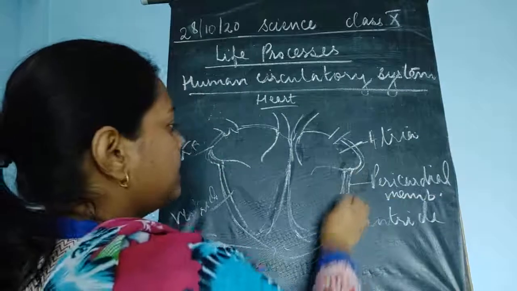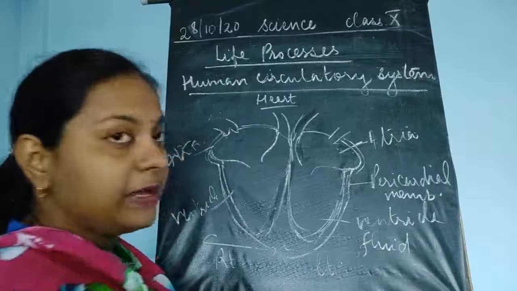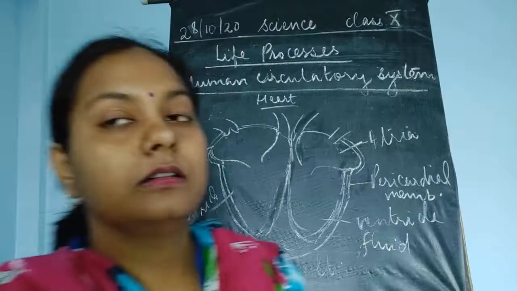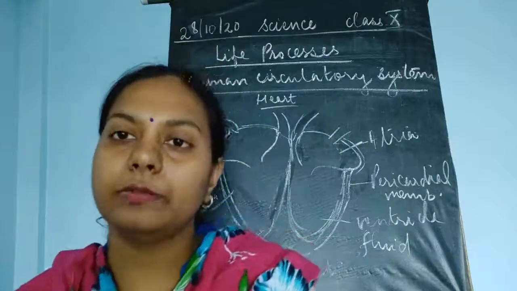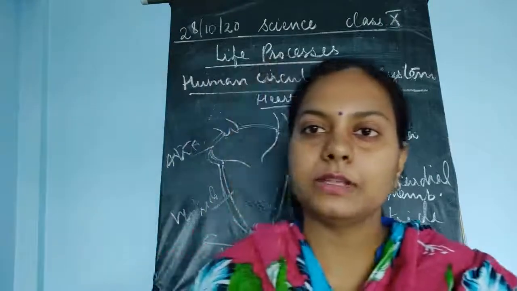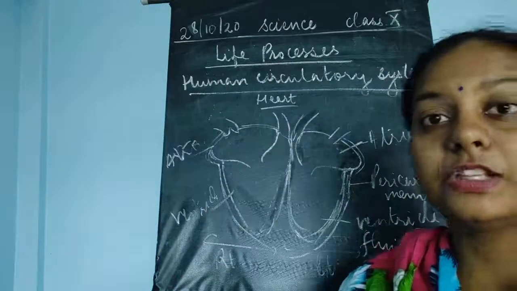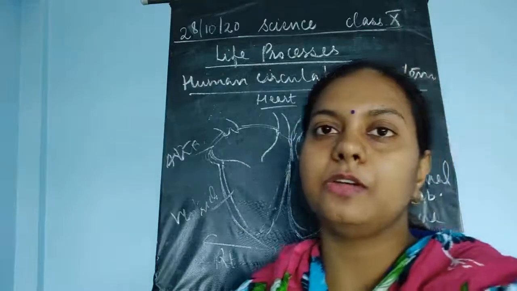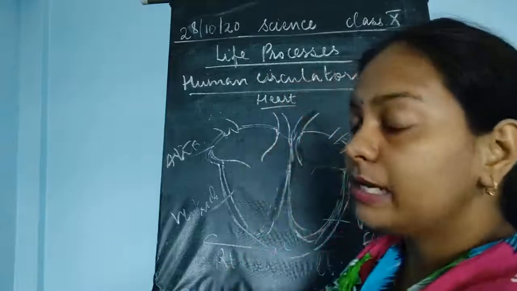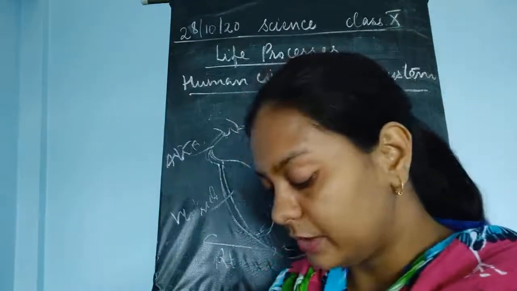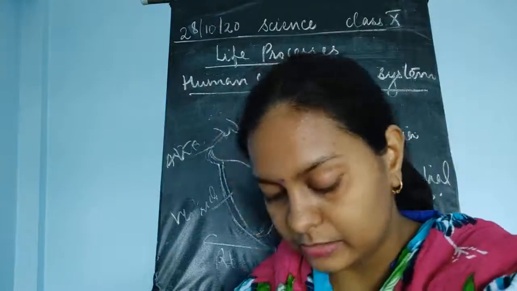It has pericardial fluid, and the muscle present in the heart is cardiac muscle. The most important part of this cardiac muscle is that it is never exhausted, because it has a supply of energy. The cells contain many nuclei, and even mitochondria are present at a much larger rate.